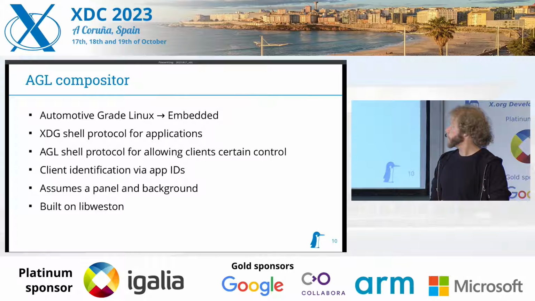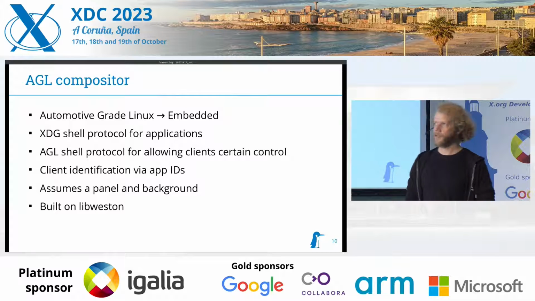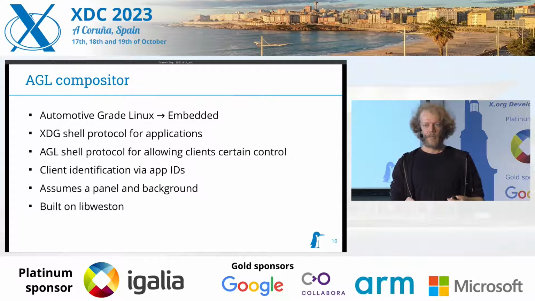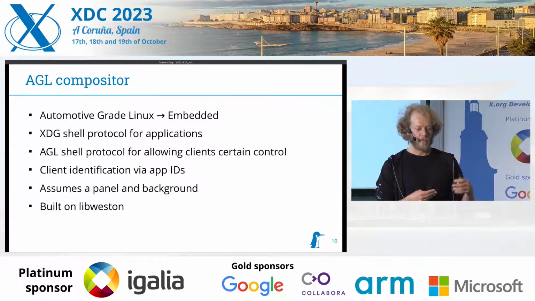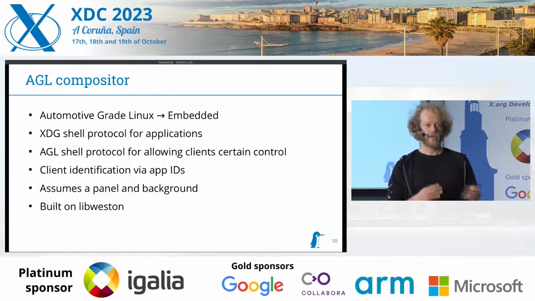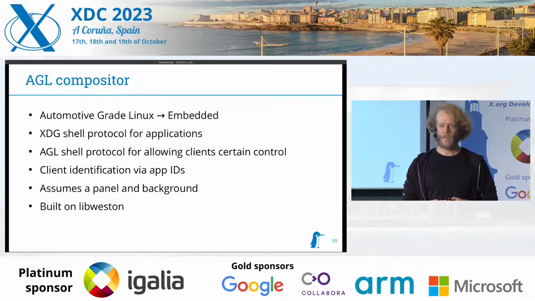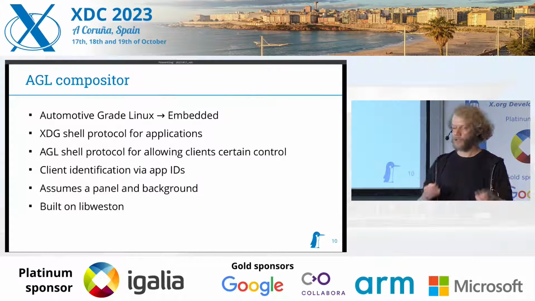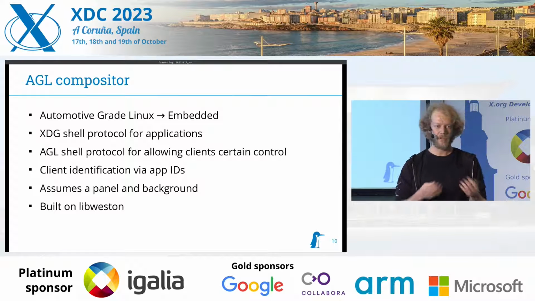Then there is the agl-compositor, which is coming from Automotive Grade Linux. It's also an embedded use case. It's kind of a next step over the IVI shell, or a replacement for that. It uses the agl-shell protocol, which allows clients a certain degree of control.